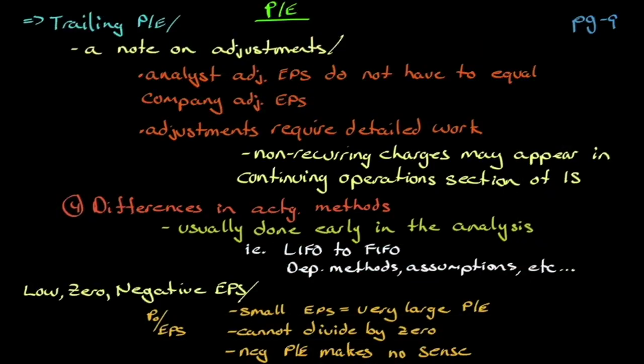Okay, so let's just finish up trailing PE with a few notes on adjustments, going from reported EPS to core EPS or underlying EPS. The adjustments that you make to EPS do not have to be the same as the adjustments the company makes.